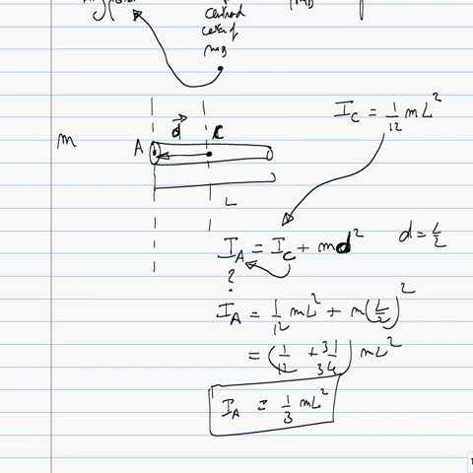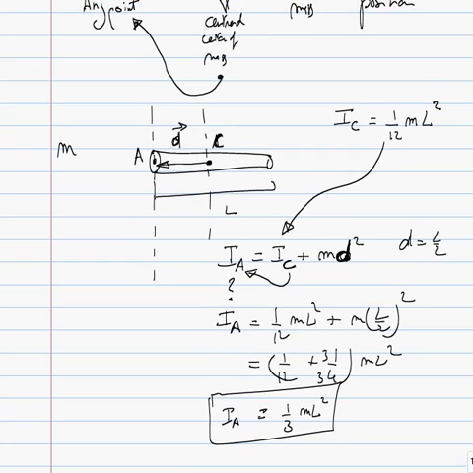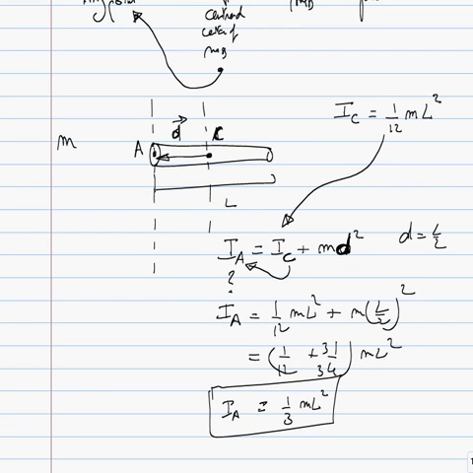Voila. That's all there is to it. So it's pretty simple. Technically I could have calculated the moment of inertia about point B right here, or point D right there, no problem, or point E. All I have to do is translate it.